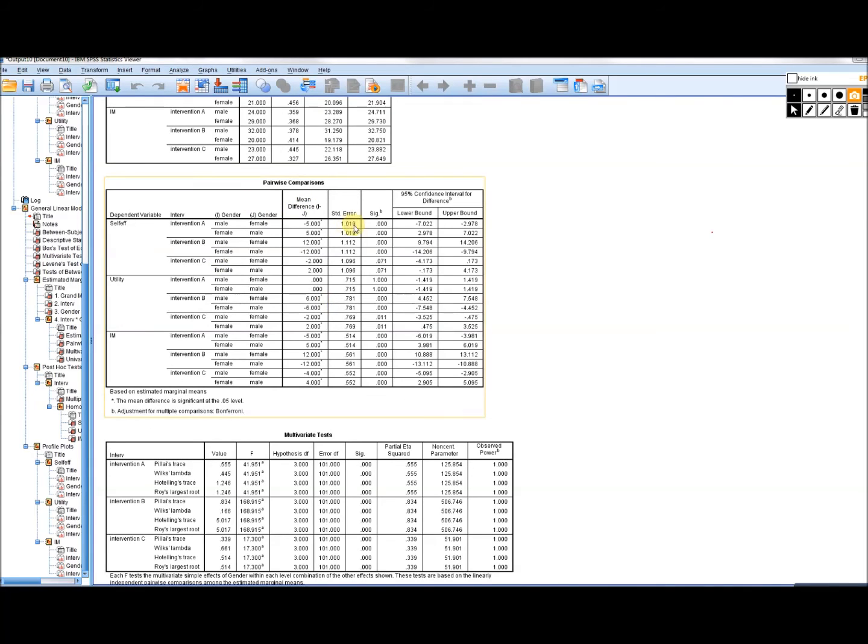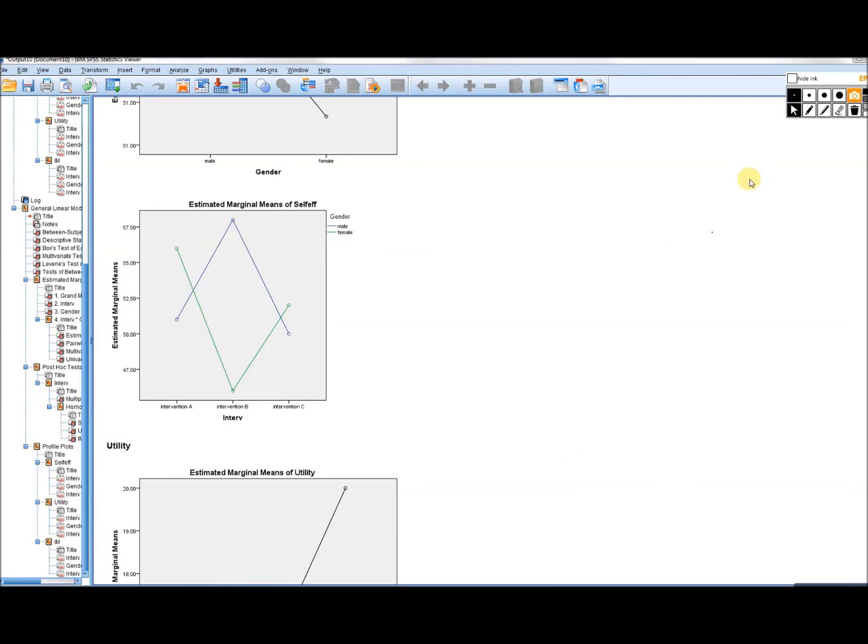So, kind of breaking this down and going back and looking at the profile plots, if we wanted to take a quick look at the profile plot, replaying what we saw in the pairwise comparisons, we saw that males were lower than females in intervention A, and that difference was significant.